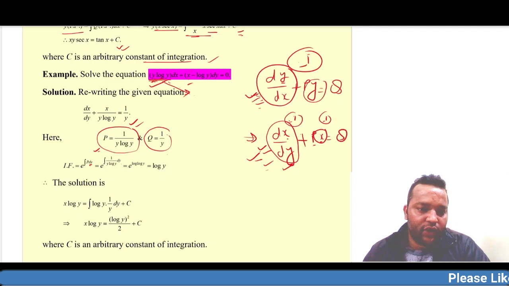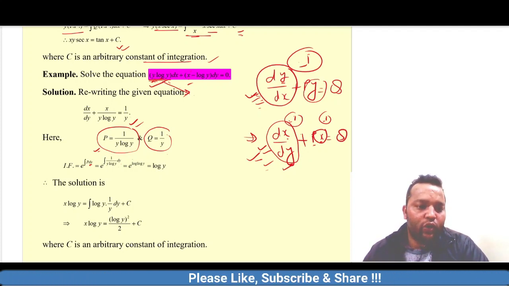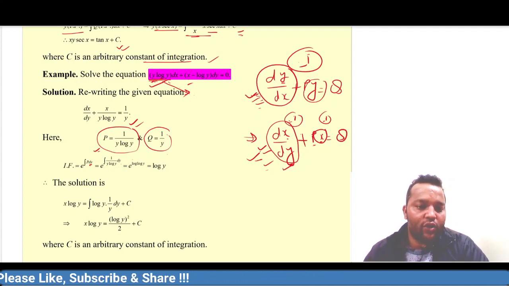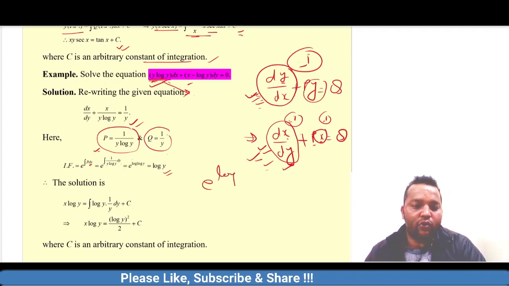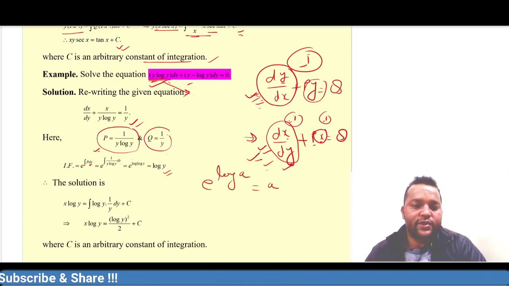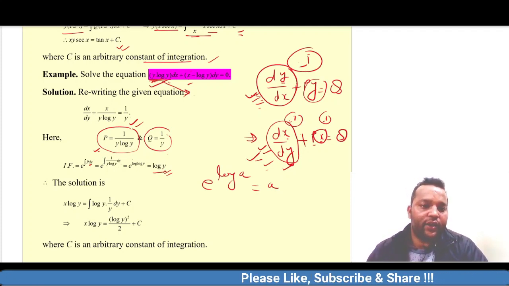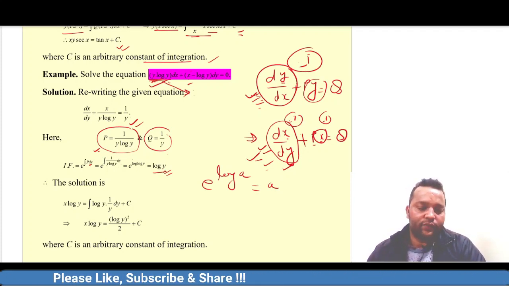So integration of 1 over y log y, considering log y equal to t, 1 over y dy equal to dt, therefore integration of 1 over t is log t, that is log y. Again with the help of the property of logarithmic functions, e raised to the power log a is exactly equal to a, therefore log y is our integrating factor for this differential equation.